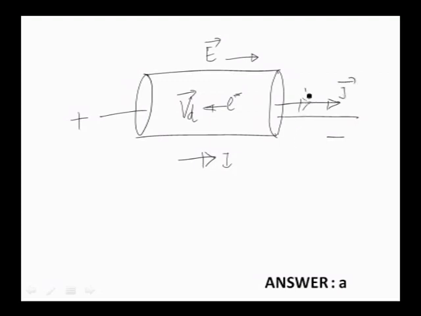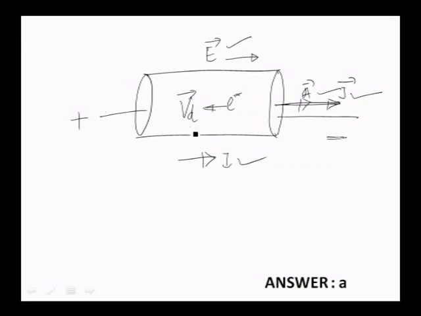Similarly, the area vector is also in the same direction. From this diagram we conclude that the electric field, the current density and the area vector are all in the same direction, only the drift velocity is opposite to this.